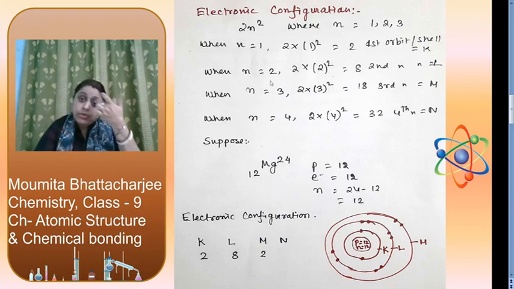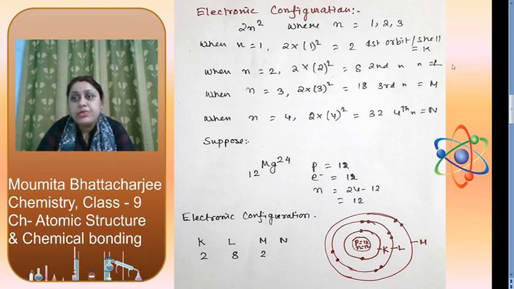Now when n equals 2, 2 into 2 square, that is 8. For the second orbit, which is known as the L shell, maximum 8 electrons can exist. For n equals 3, 2 into 3 square, 18. So for the third cell, which is known as the M cell, maximum electrons are 18. And for n equals 4, maximum number of electrons will be 32.